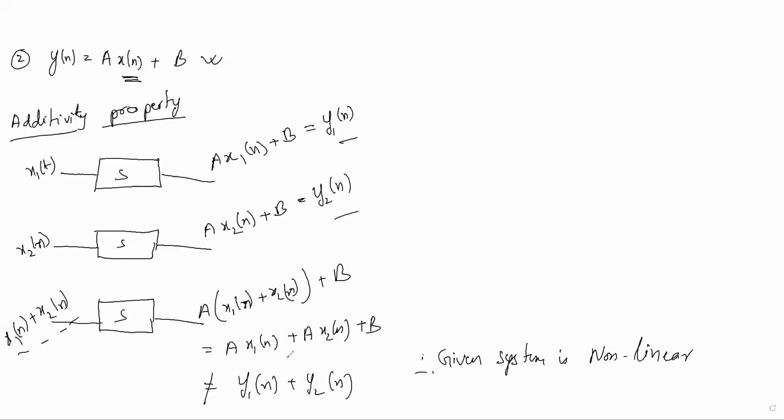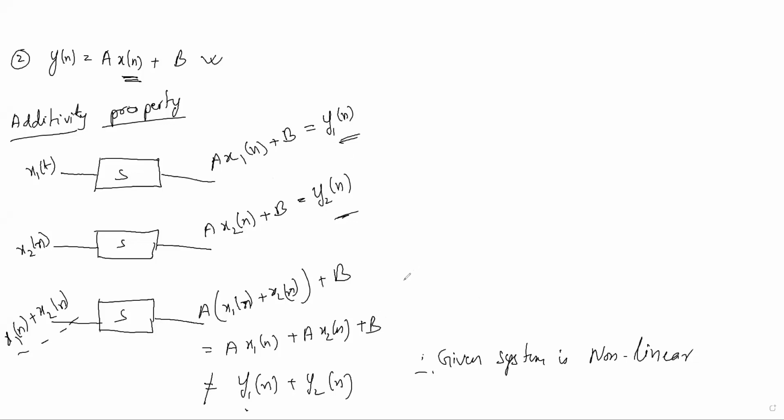Why? When we sum up two signals and feed them to the system, the output is not equal to y1 of n plus y2 of n, because twice b would come in the sum, but here only one b is there. That's why this system is non-linear. Is it clear?